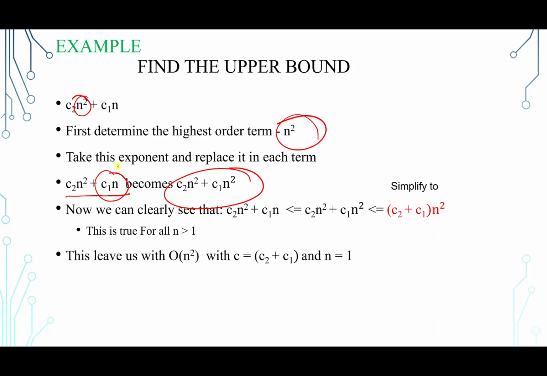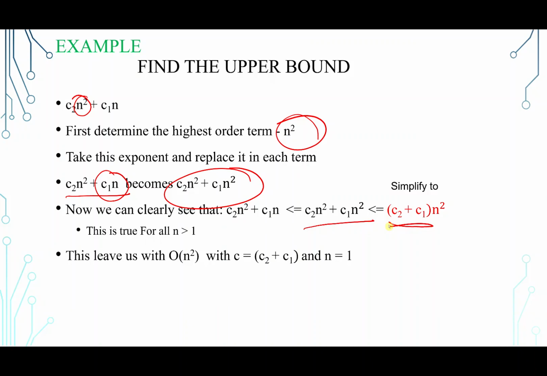We are going to make that n squared. So we can say that C2 n squared plus C1 n is less than or equal to C2 n squared plus C1 n squared, which is equal to this.